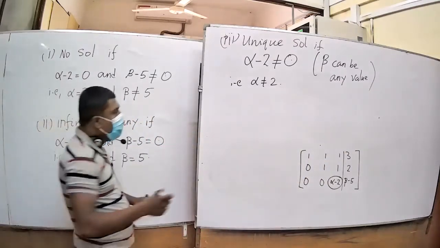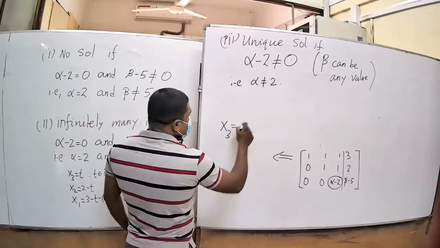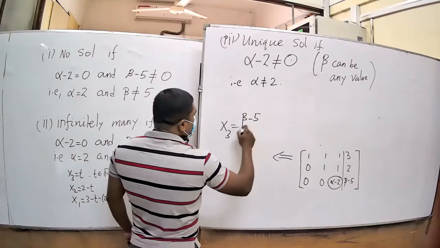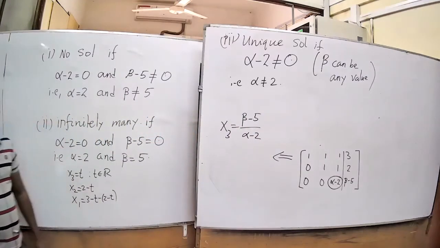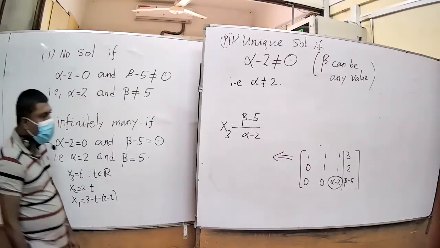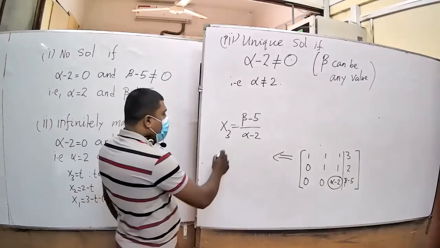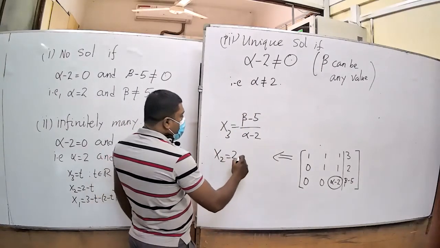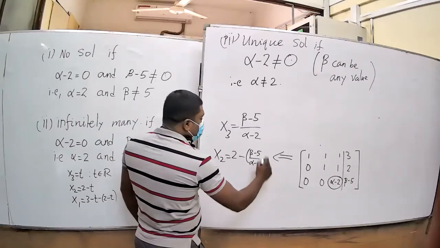So I will write x3, you can follow. From this, you know x3 is equal to beta minus 5 over alpha minus 2. You can do it because alpha minus 2 is non-zero. And then you can write x2, that is 2 minus x3, that is 2 minus beta minus 5 over alpha minus 2.